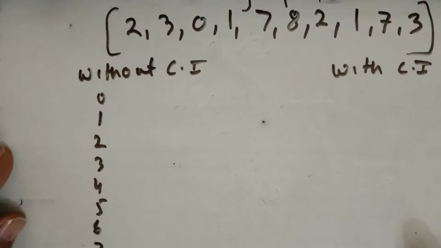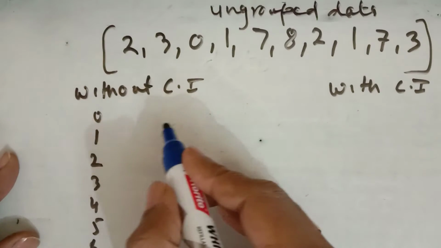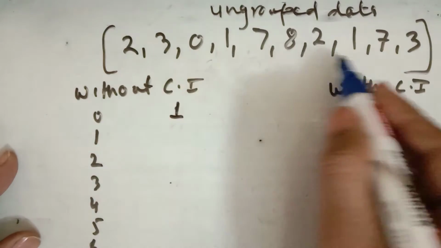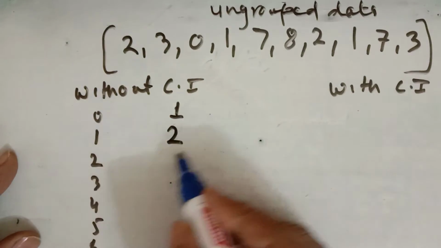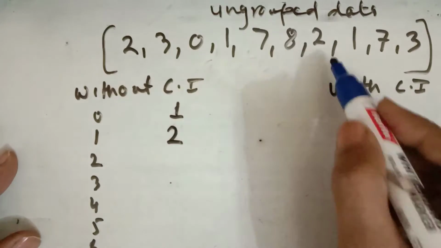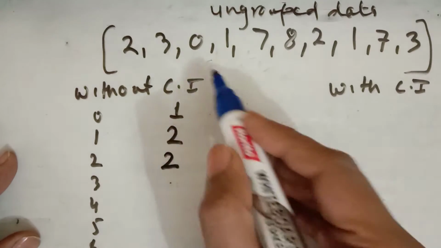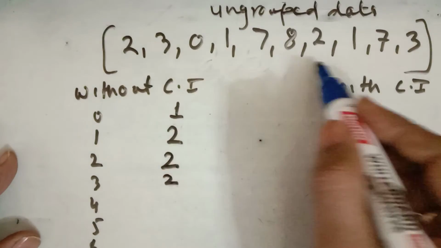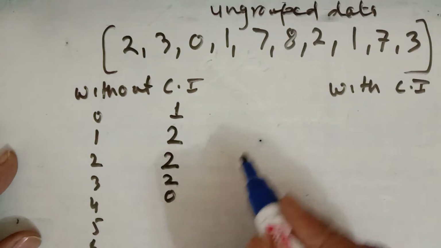The number of students getting 0 marks is only 1. The number of students getting 1 mark is 2. The number getting 2 marks is also 2. The number getting 3 marks is also 2. The number getting 4 marks here is none, that is 0.